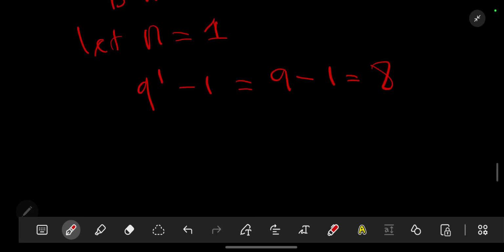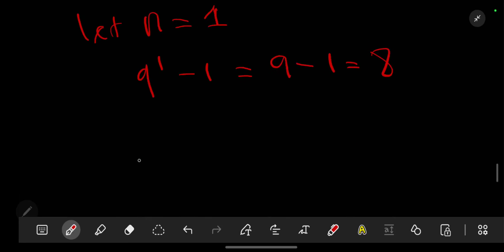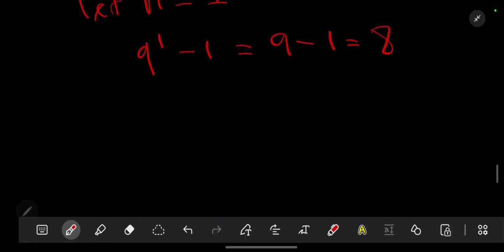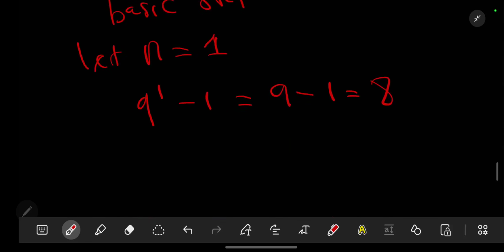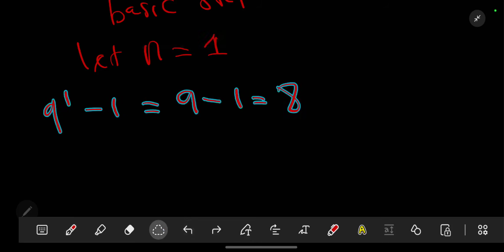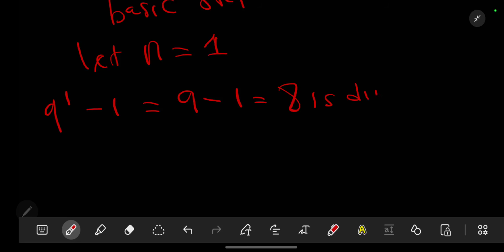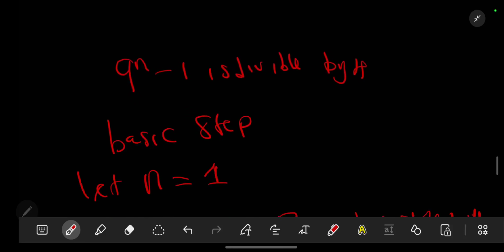Since that is what we have, our value is divisible by 4. So 8 is divisible by 4. As you can see, you can divide 8 by 4.